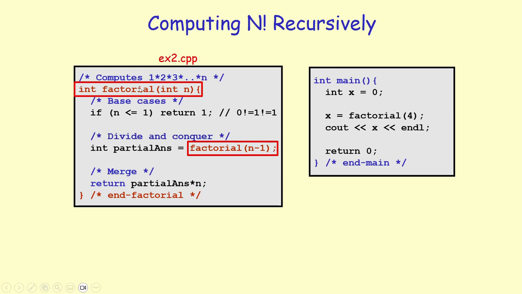So if factorial is computing the factorial for problems of size n, it must compute the factorial for a problem of size n minus 1. Once I have the solution to factorial n minus 1, the merging step is very easy. All I have to do is multiply the partial answer with n to compute the solution to the original problem.